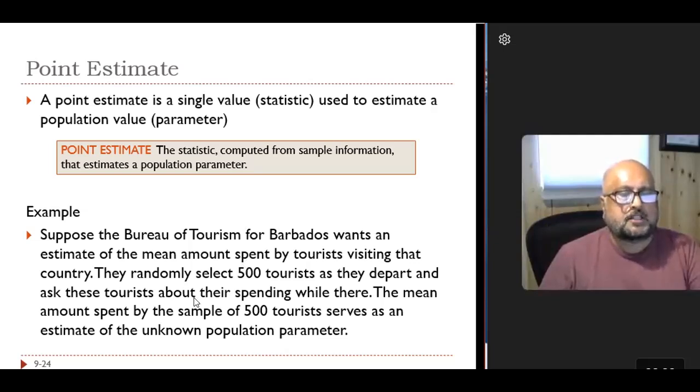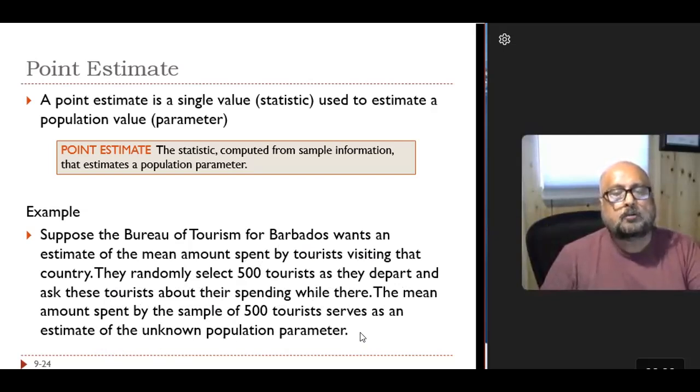And now look at this example. Suppose the Bureau of Tourism for Barbados wants an estimate of the mean amount spent by tourists visiting that country. They randomly select 500 tourists as they depart and ask them about spending while there. The mean amount spent by the sample of 500 tourists serves as an estimate of the unknown population parameter.